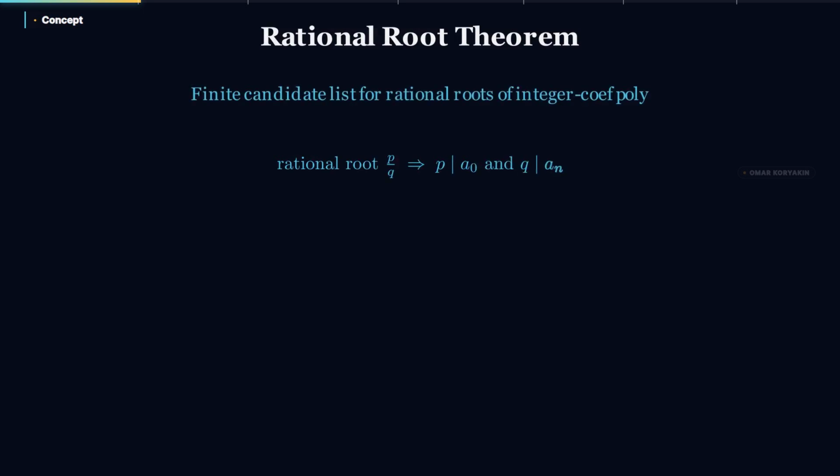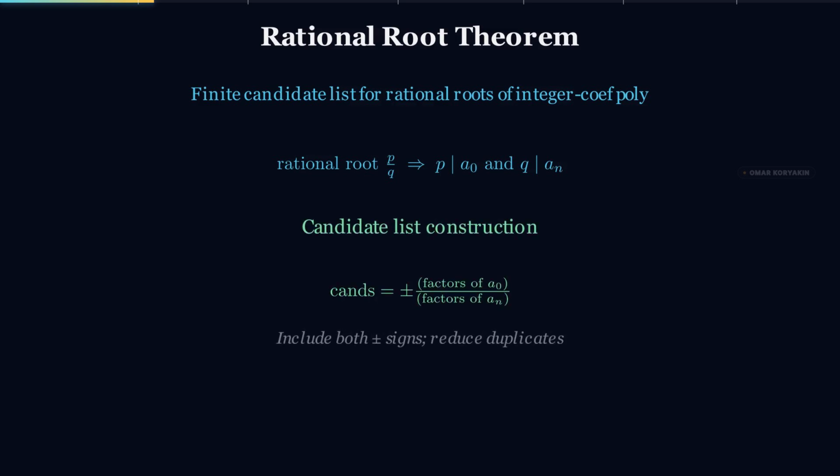The rational root theorem provides a finite list of candidate rational roots for any polynomial with integer coefficients. Combined with synthetic division for testing, the theorem gives a systematic algorithm for finding all rational roots of the polynomial.